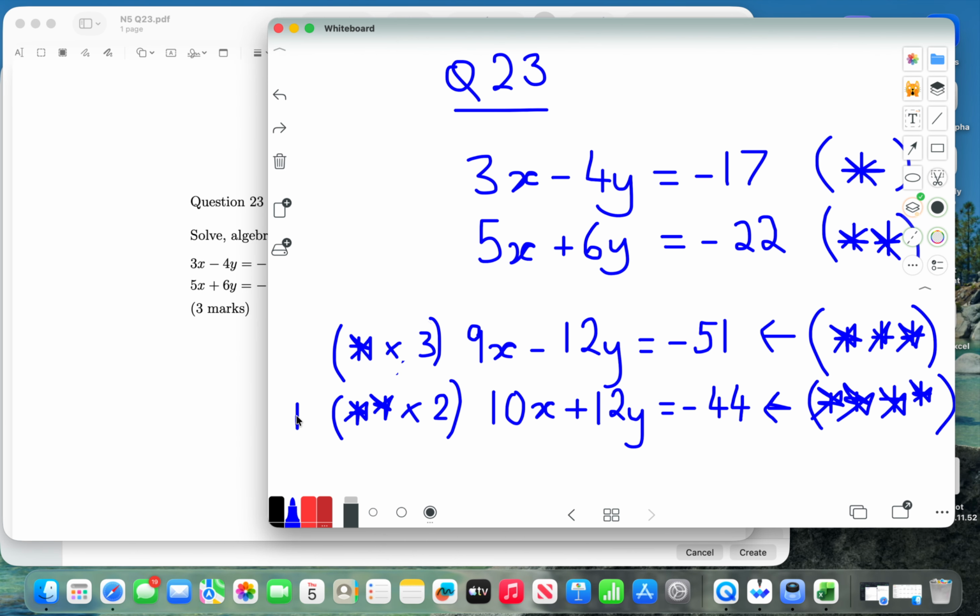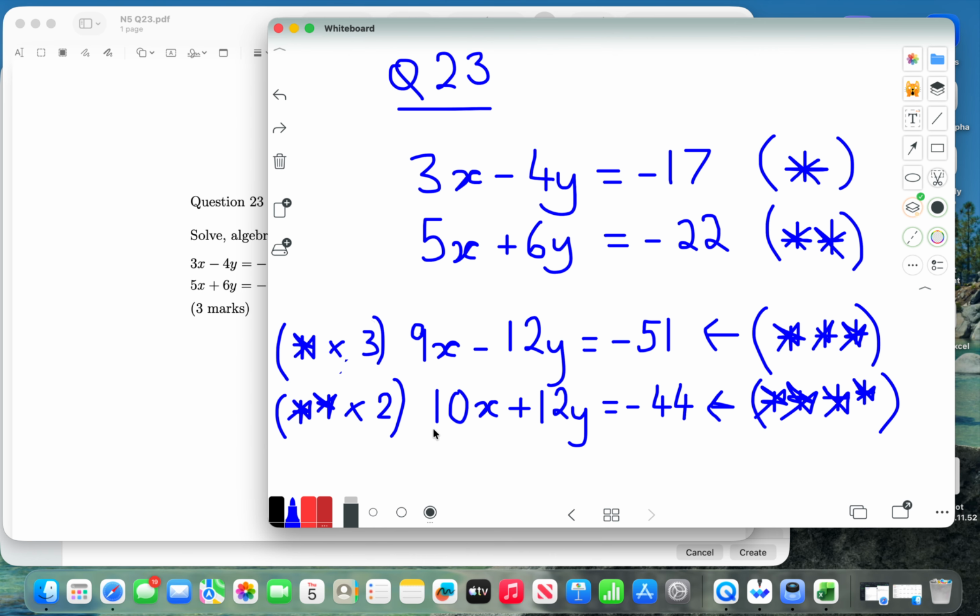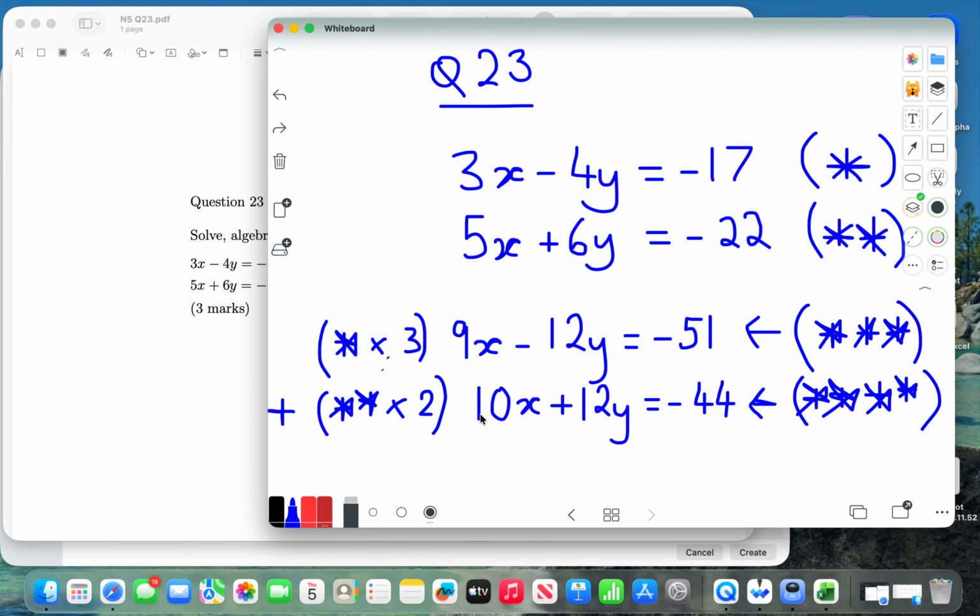So I'm going to add here. To add the x's, we get 19x equals minus 95. And we divide minus 95 by 19, and that is minus 5.